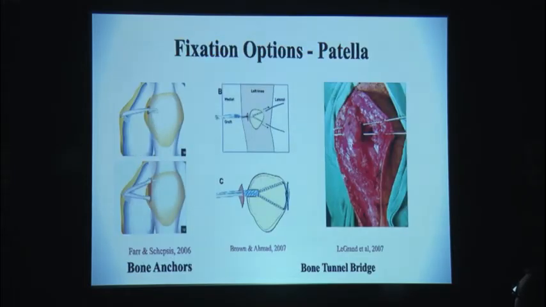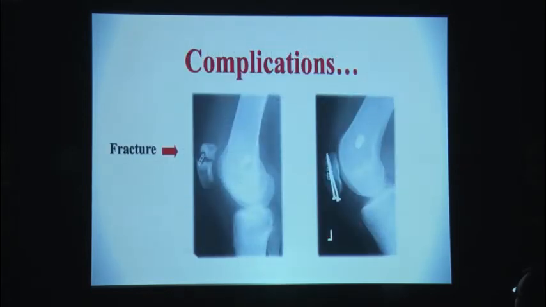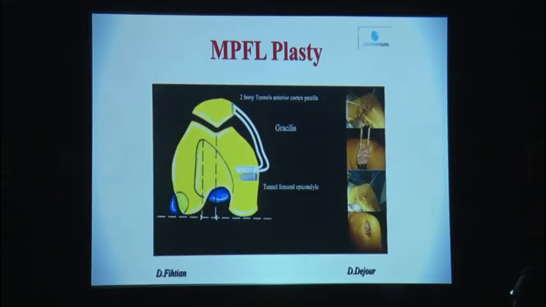Definitely, I really think that it's a bad option to drill tunnels in the patella, because you make your patella fragile, and then you can end up with this, and this is really painful when you have patellar instability. So you move to a very bad MPFL with a fracture. So you see, this is the worst surgeon in the world who did this surgery, or the guy who knows nothing about the patellofemoral joint.